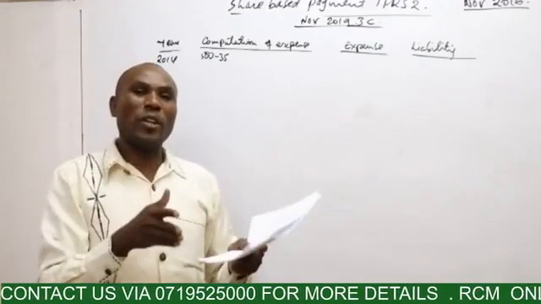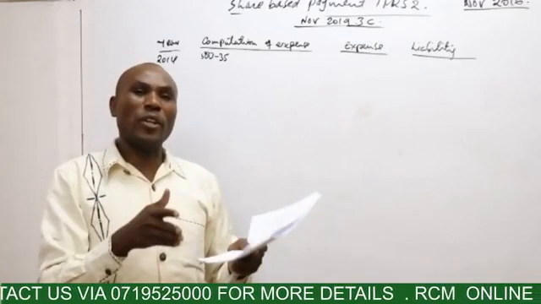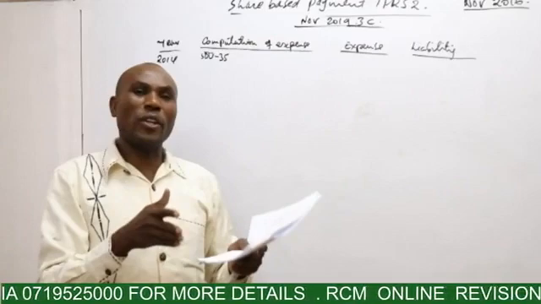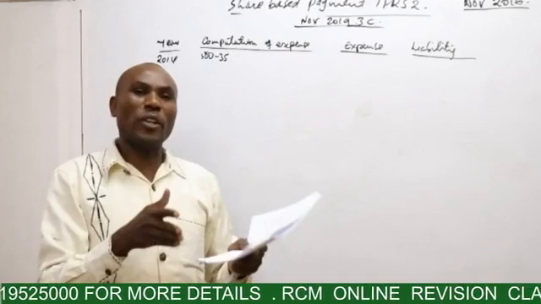Remember, when you are doing accounting, we always use estimates of the following years, because this is something we are using now to compute the expense and liability for the vesting period.